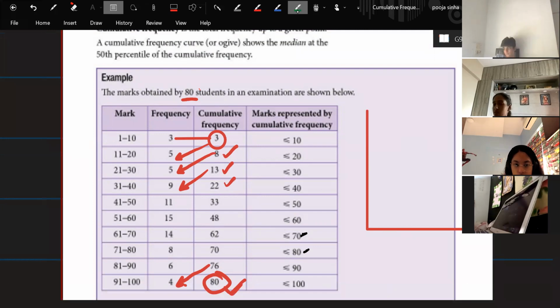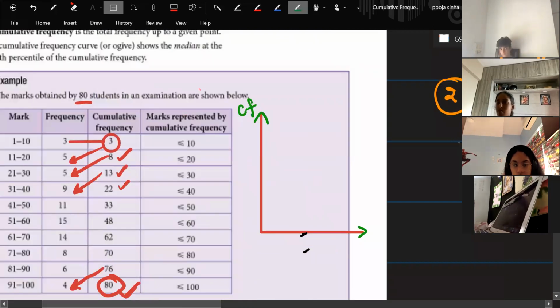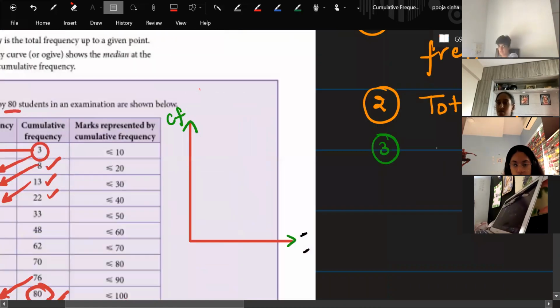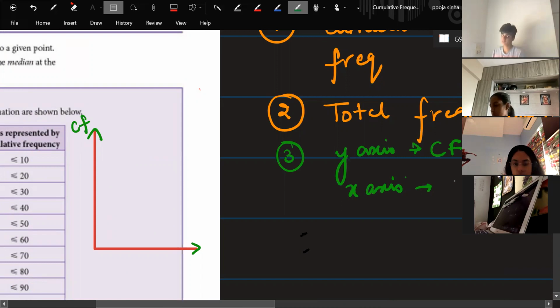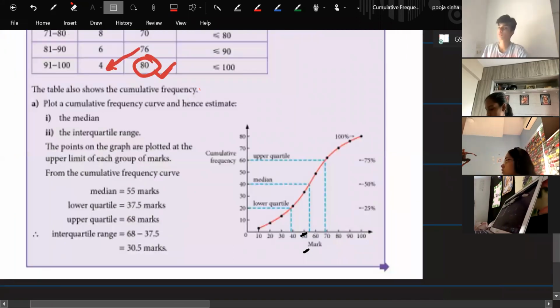And on the y-axis, it has to be the cumulative frequencies. Make sure. Y-axis has to be cumulative frequency. X-axis has to be X values. In this case, it is mass or height or weight, whatever is given to you. Clear? Okay.